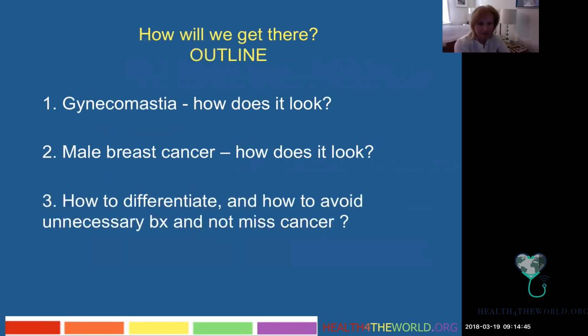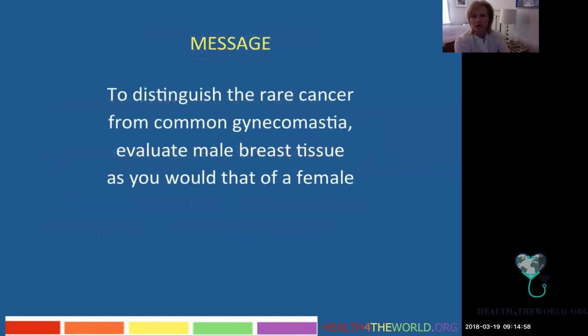And then we're going to talk about how to differentiate gynecomastia from male breast cancer and how to avoid unnecessary biopsy and still not miss breast cancer. So our bottom line message is going to be to distinguish the rare cancer from the very common gynecomastia. We're going to evaluate the male breast tissue on imaging the same way that we do female breast tissue.